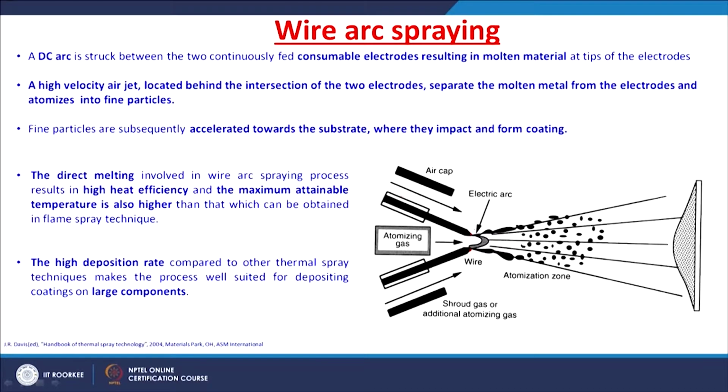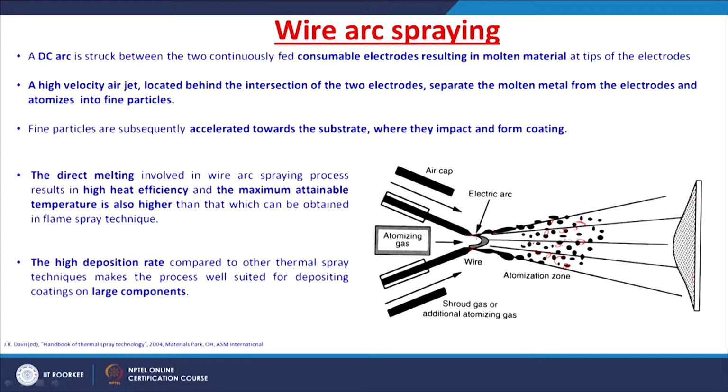When there is molten material at the tip of these electrodes, a very high velocity gas jet located just behind the intersection of these two electrodes separates this molten material into very fine particles, and these particles are accelerated towards the substrate and then form the coating.